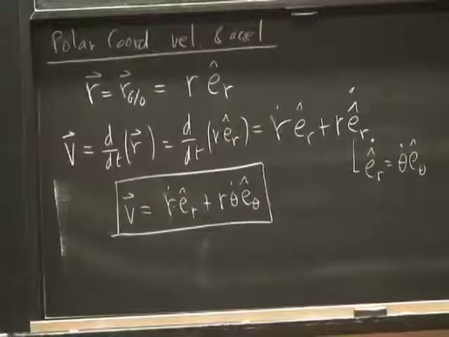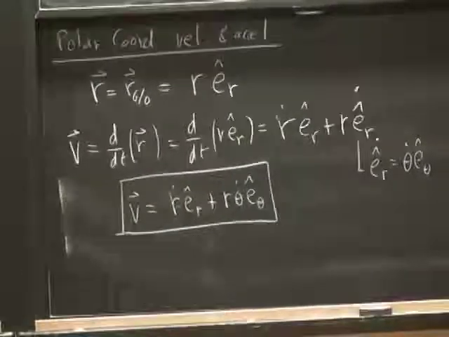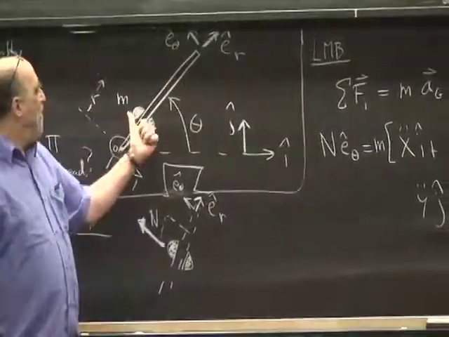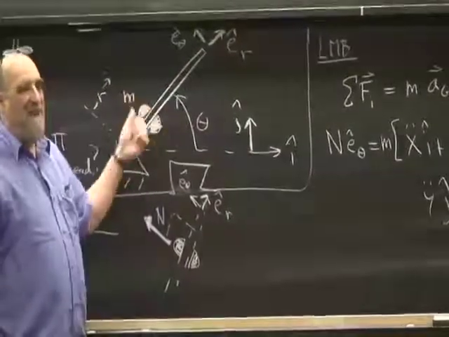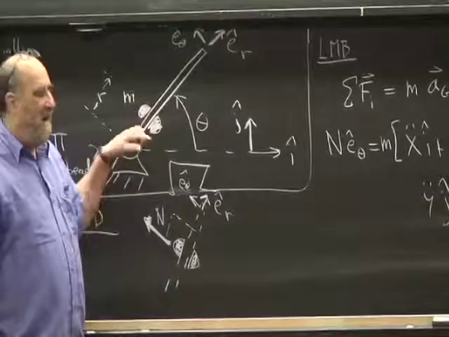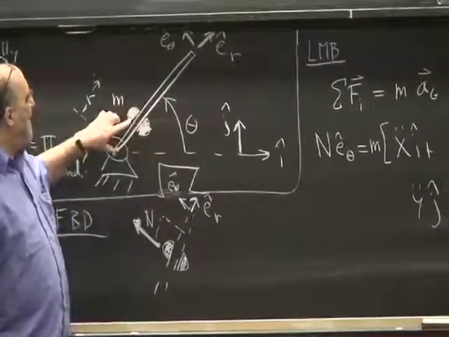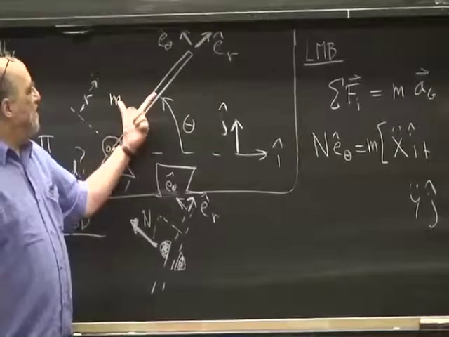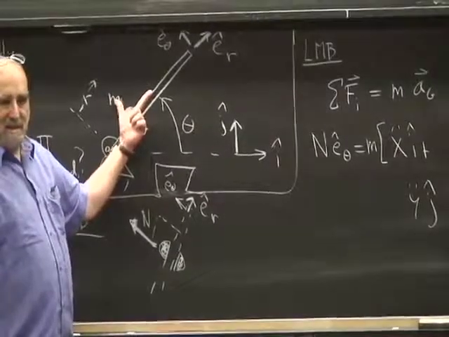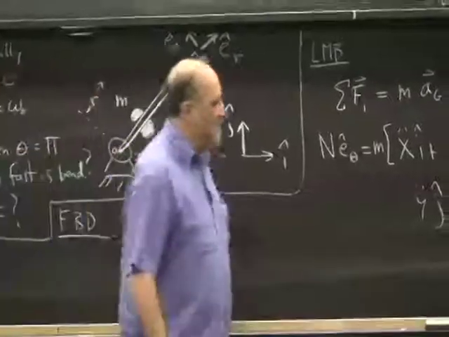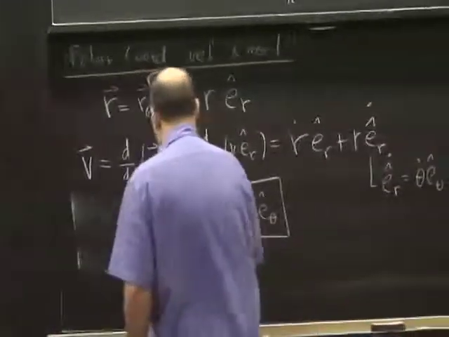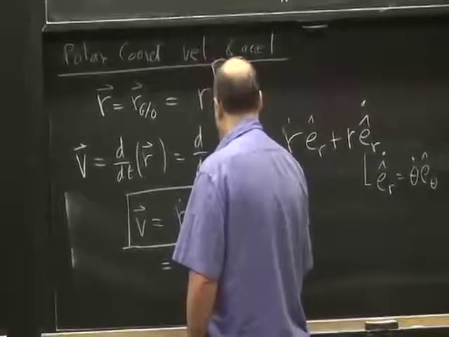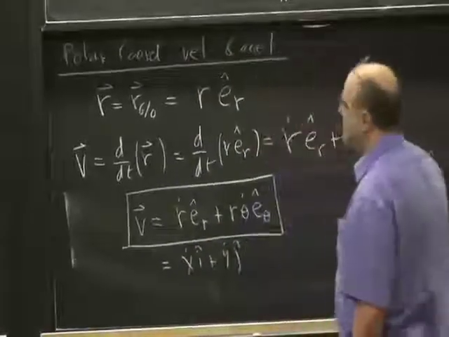What is the velocity of this thing? It's got one part in that direction, which is the rate of change of radius, and one part in that direction, which is how fast it's going in circles. How fast it is going in circles is r theta dot. So r theta dot e sub theta plus r dot e sub r, the sum of those two components, is the velocity of this thing. And that will equal, of course, x dot i plus y dot j. It's just a different way of writing it.